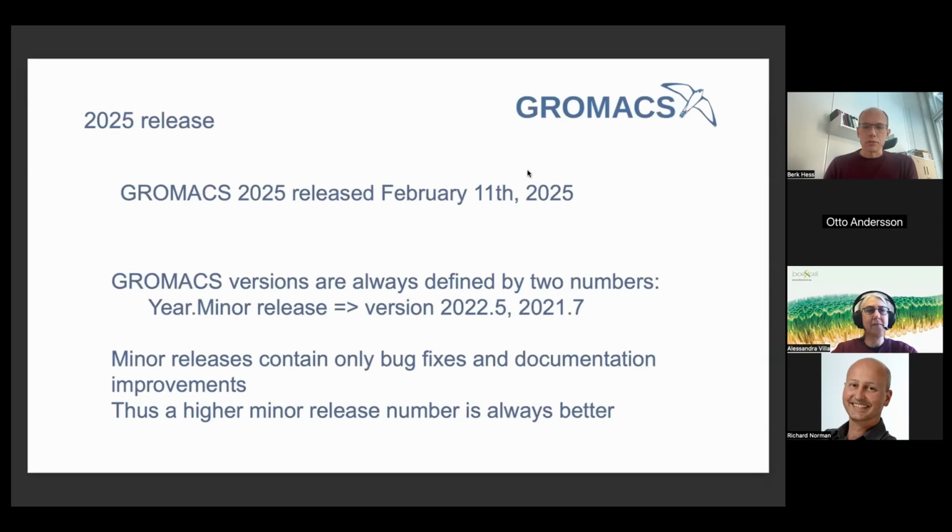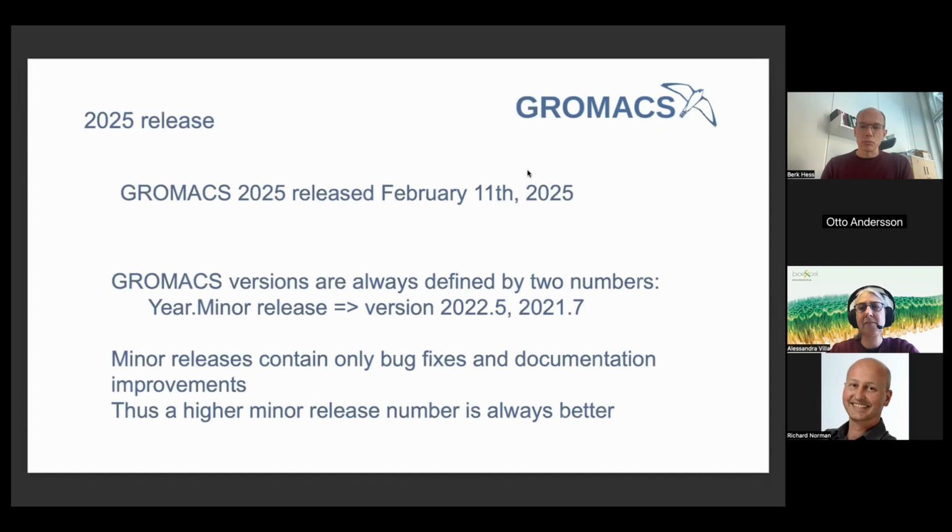That tells you from which major version the release is, which is often released in the year that's set there, but it could also be a late release with bug fixes, because minor releases, so the last number, only contain bug fixes and sometimes documentation improvements. This means that a higher minor release number is always better because you get more bug fixes. There are very seldom new bugs introduced there because we are very conservative with changes in these minor releases.